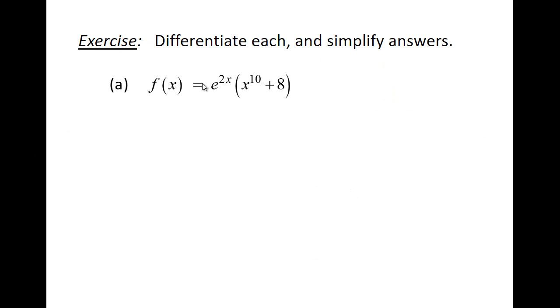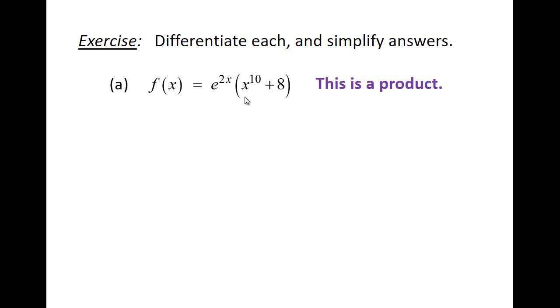Okay, so let's say I want to find the derivative of f of x, where f of x is e to the power 2x multiplied by x to the 10 plus 8. The derivative of f of x can be found by first applying the product rule. So here the function has two factors, e to the 2x and x to the 10 plus 8.